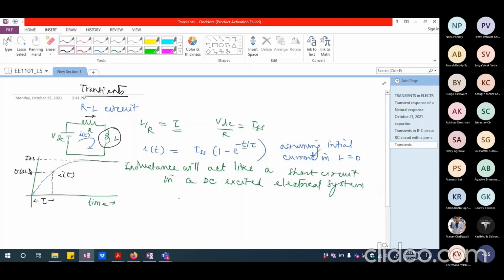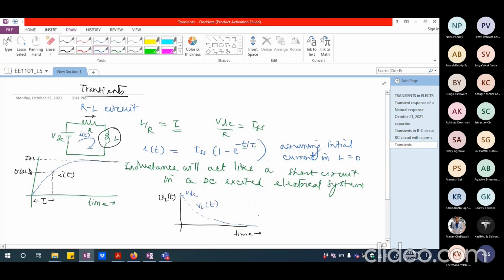So if I plot VL versus time, VL of t is going to start from VDC and fall exponentially. It should reach 0 at time t equal to infinity, with perhaps a very minuscule voltage before that. This is the trajectory VL of t follows.